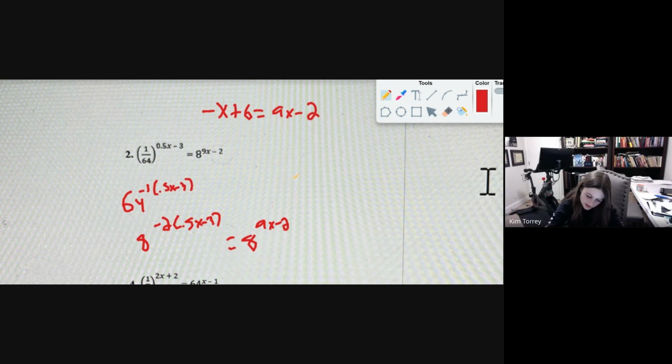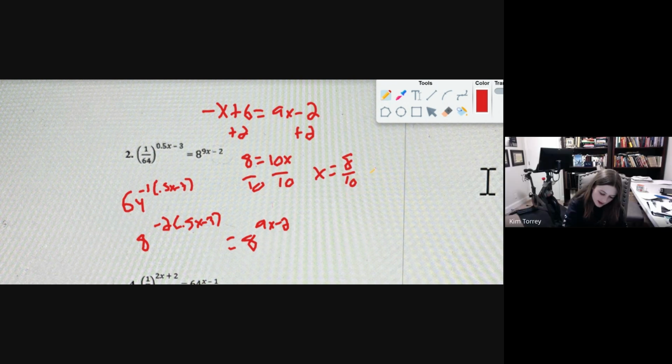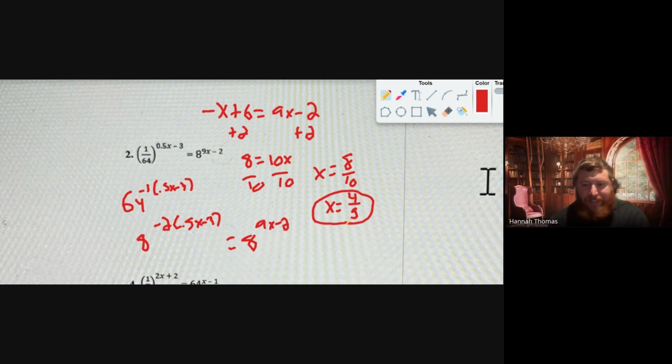So then you would add 1x to 9x, and then you would add 2 to 6. So it'd be 8 equals 10x. Divided by 10, divided by 10, so then x equals 8 over 10. Can that be reduced? Yeah, you could do 4 over 5. Yes, ma'am. So x equals 4 over 5. Okay.